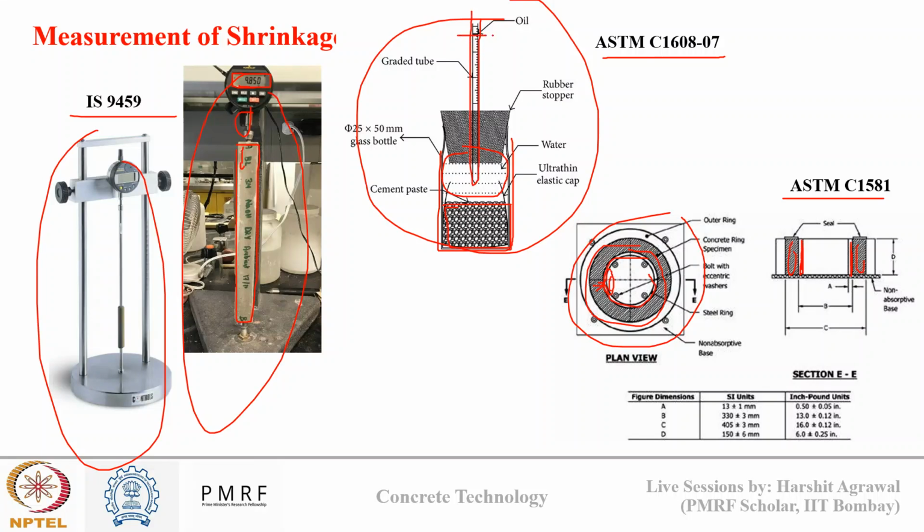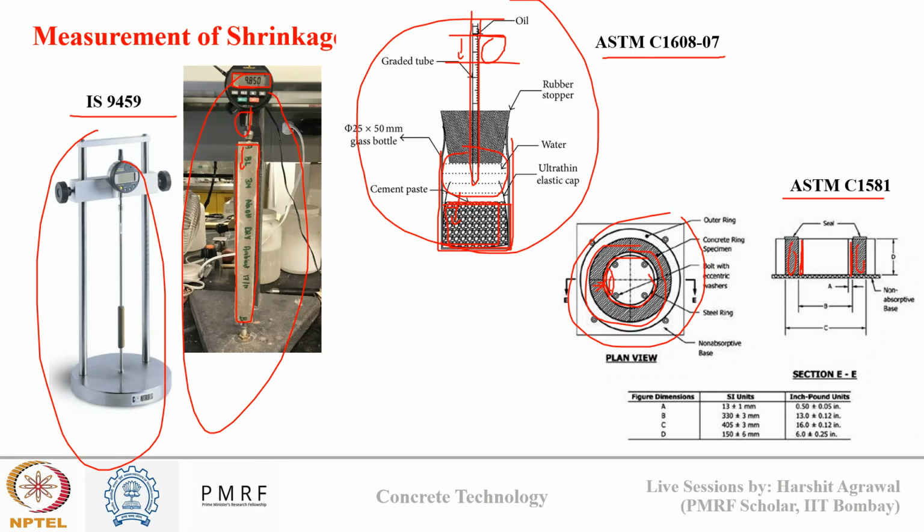Initially water will be at some mark in this tube. Now as autogeneous shrinkage occurs, the volume of this sample will reduce. So the amount of water in this capillary tube also will go down. Based on the decrease in volume of water in this tube, we will determine the autogeneous shrinkage that has occurred inside the cement paste.